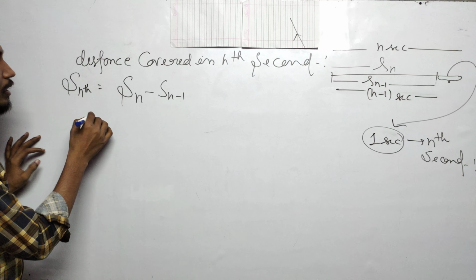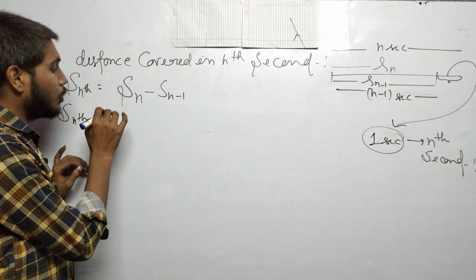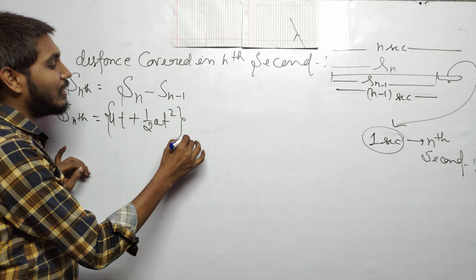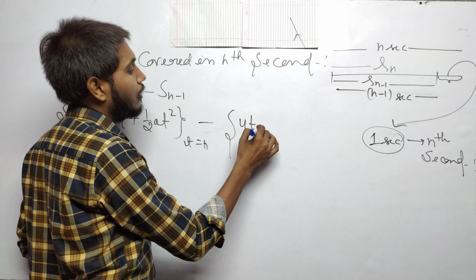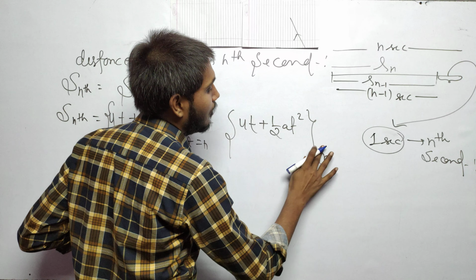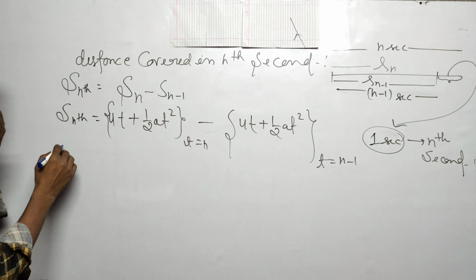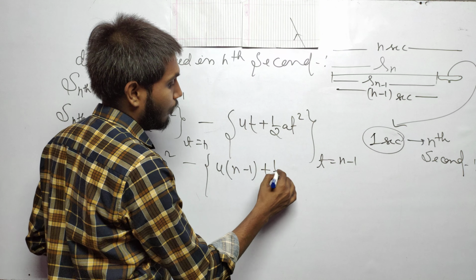Okay, so now take the formula: ut plus half at square for t equals n, and minus ut plus half at square for the time t equals n minus 1. So now put t equals n and n minus 1.